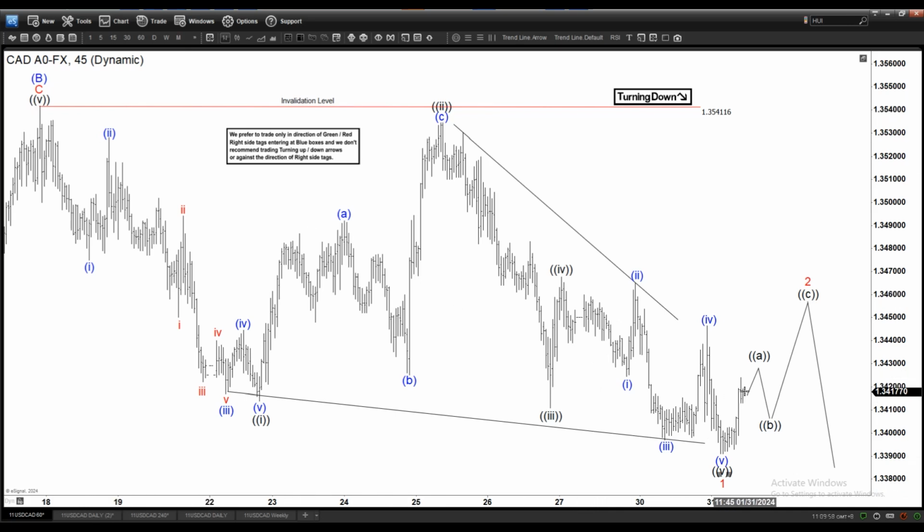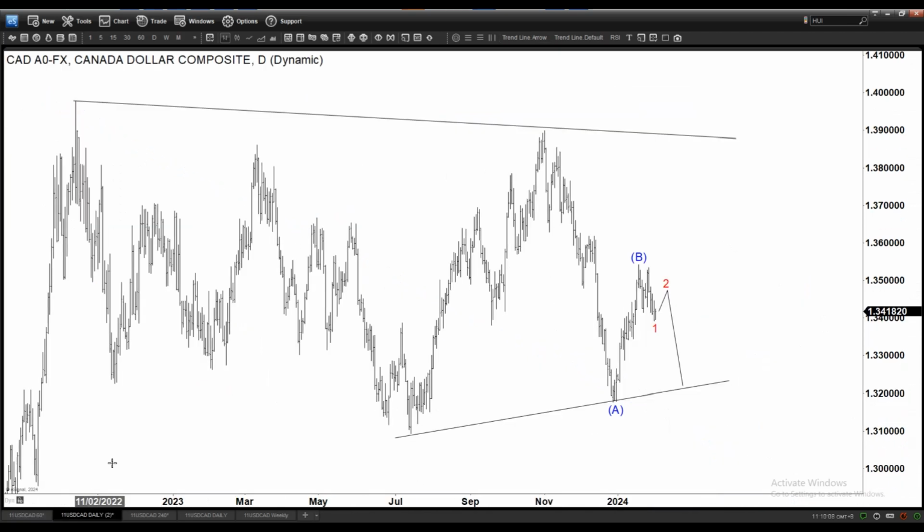So as long as we stay below 135.40, we could potentially see another leg down because of the 5 waves down in the first leg. Whether the move down will eventually break below the low here, or it can be just another 3 waves down like an ABC and then chop around again, that remains to be seen.